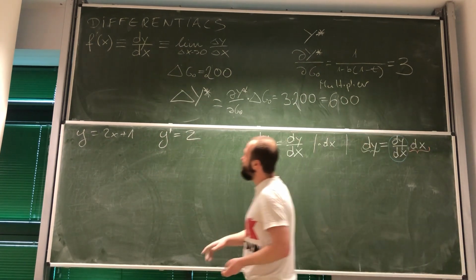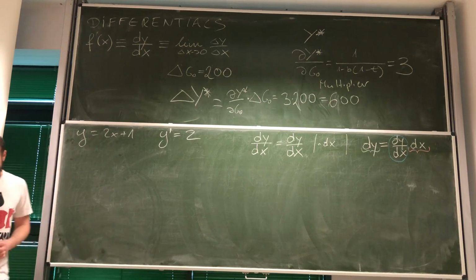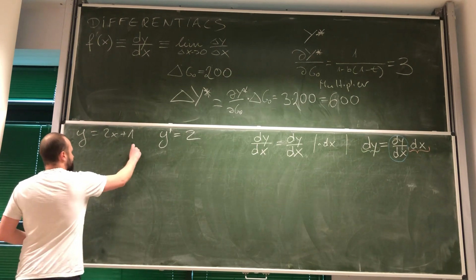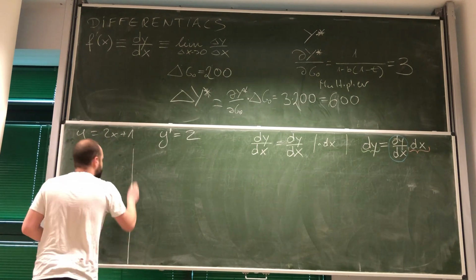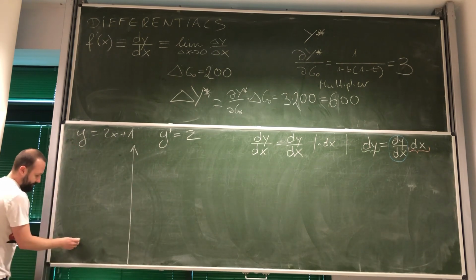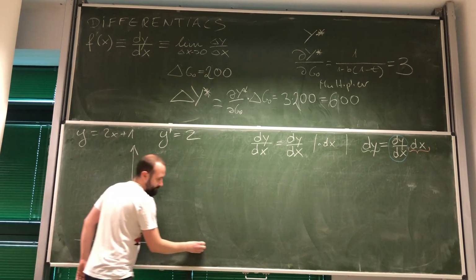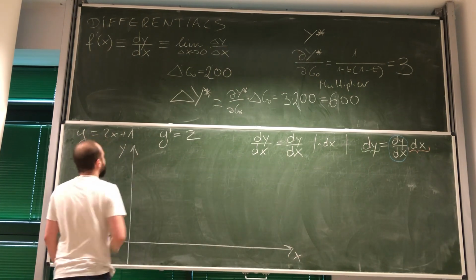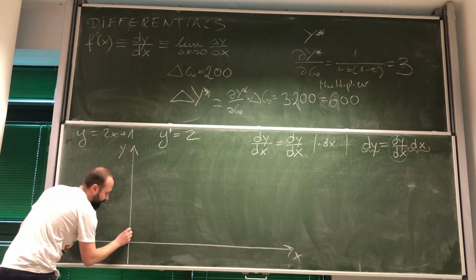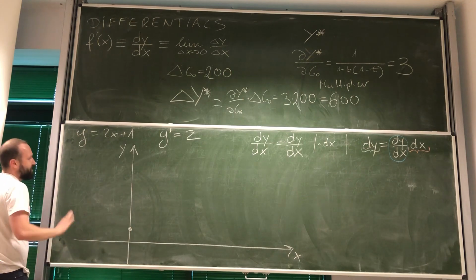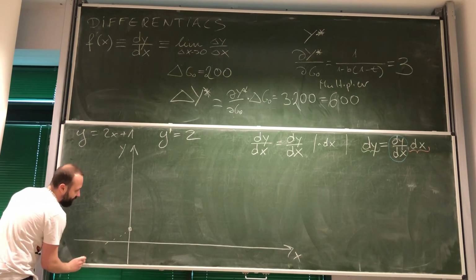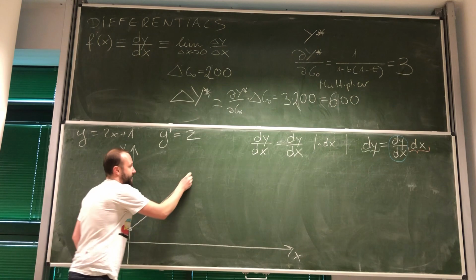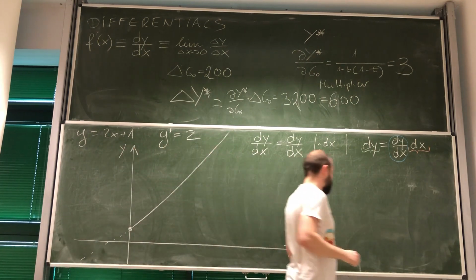And look, let's look at this example on a graph. Okay, so we've got a function. Let's just say we're going to start from 0, so the function continues over here, and it goes here.